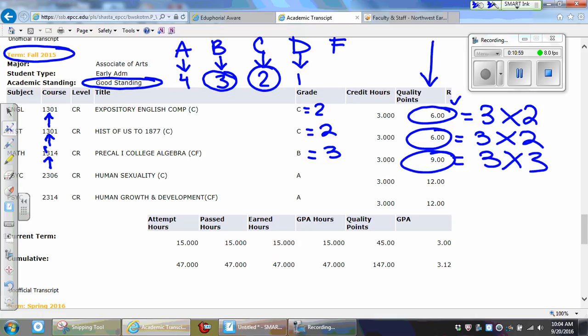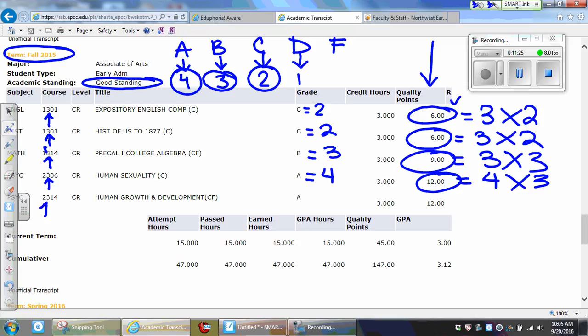Then we have Human Sexuality, an A. I'm sorry, not a 3. An A is equivalent to 4 quality points. So we multiply the 4 quality points times the number of credits of the class, and that gives us 12.